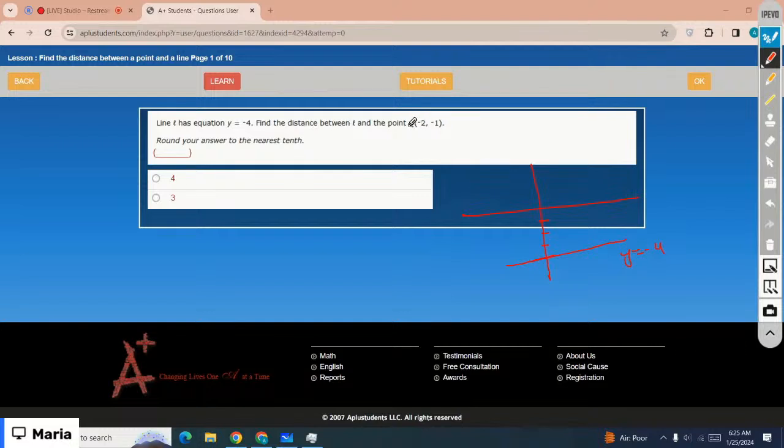The point is x is negative 2 and y is negative 1. Here is the point. The point has the coordinates negative 2, negative 1, and the line has y equal to negative 4. So just calculate the distance.